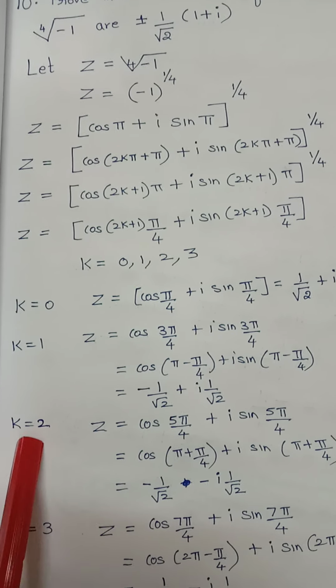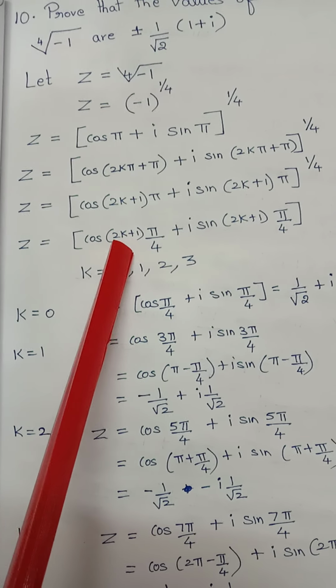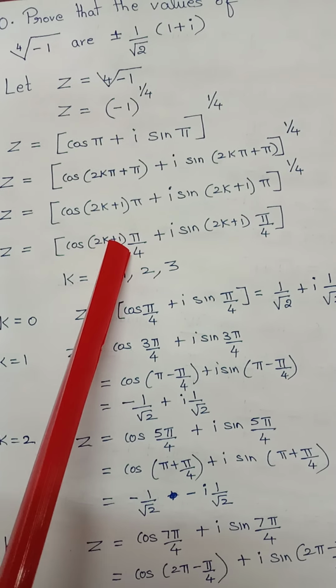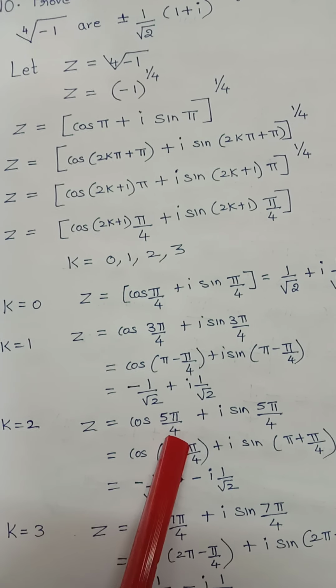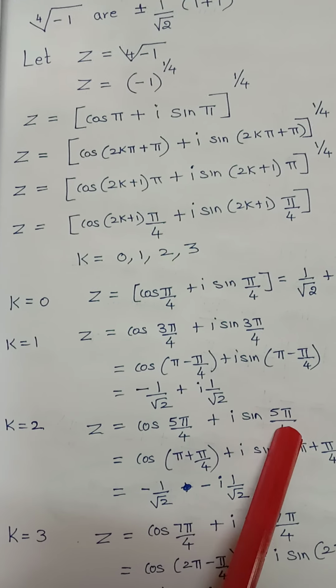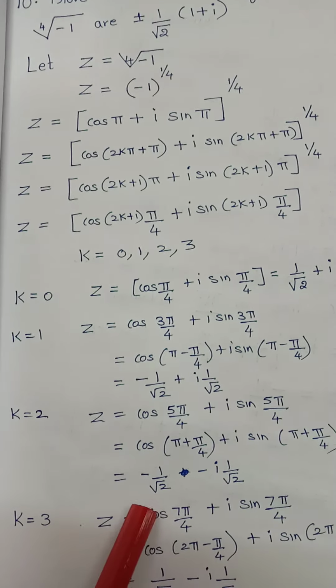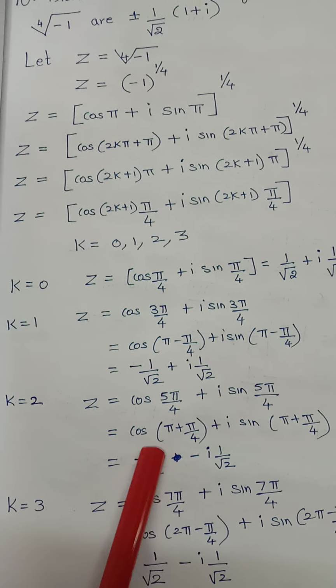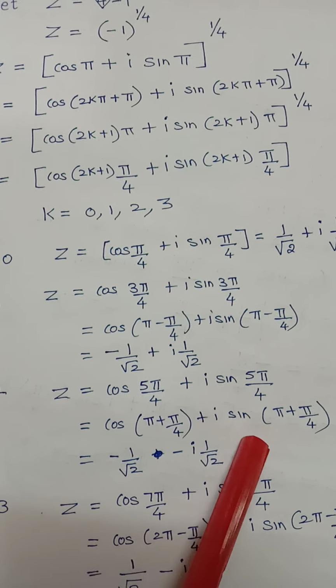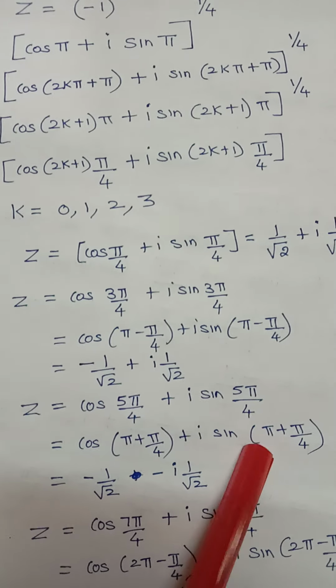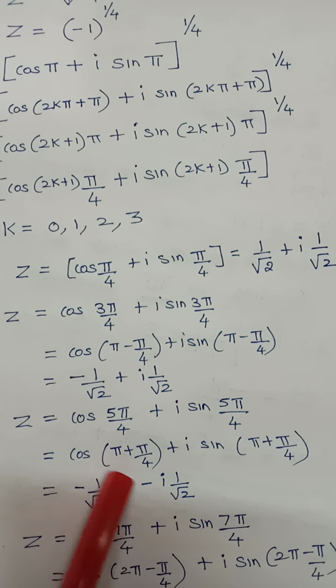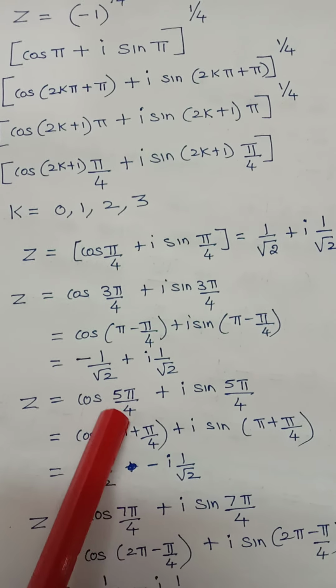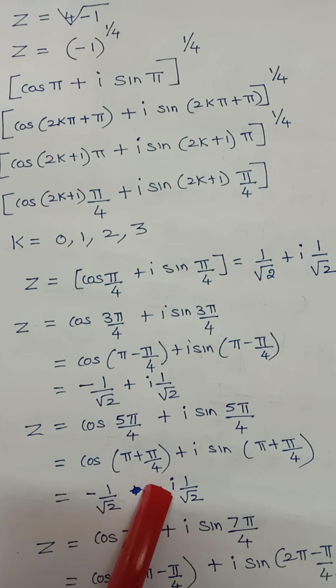Next, put k is equal to 2. When I put 2 here, 2 twos are 4, 4 plus 1, 5. So I will have cos 5 pi by 4 plus i sin 5 pi by 4, which I can write as cos(pi plus pi by 4) plus i sin(pi plus pi by 4). When I take the LCM and simplify, I will get the same answer 5 pi by 4.